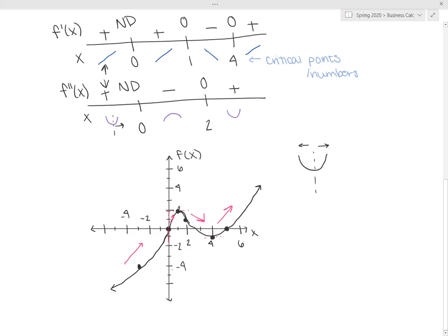Where you're switching from decreasing to increasing, that's the only time you'll get a full parabola. Anywhere else, you're only going to have half of it, just one side. Does that answer your question?